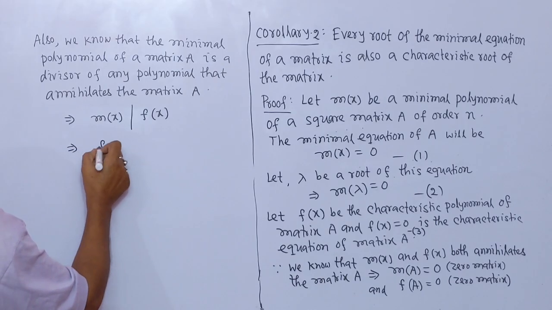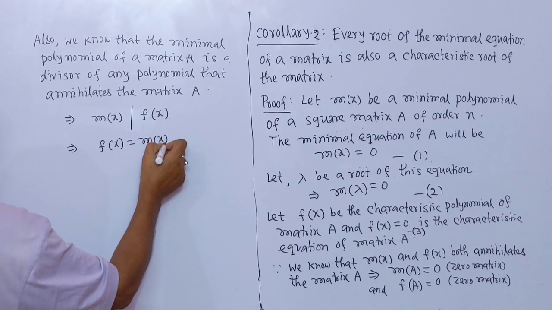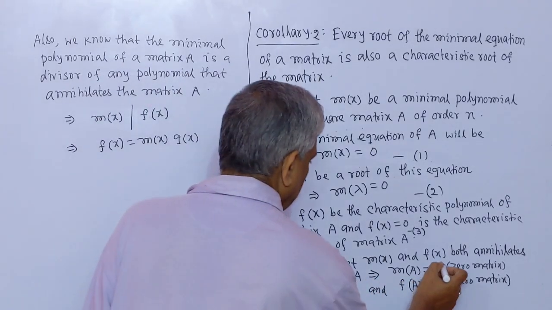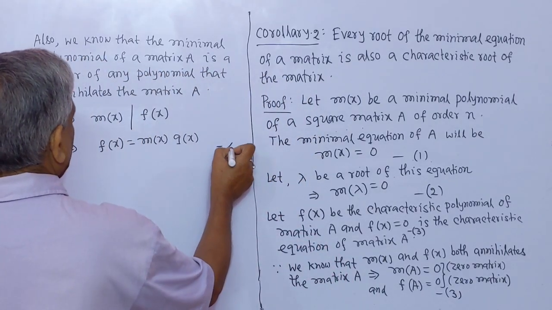Implies that f(x) equal to m(x) multiplied by q(x). This is number 4.